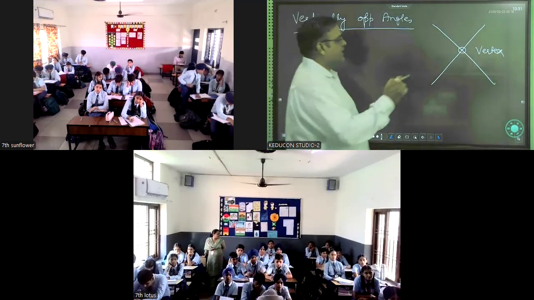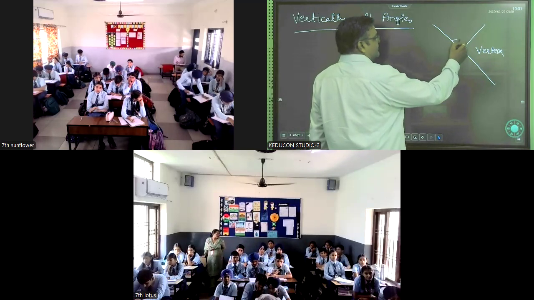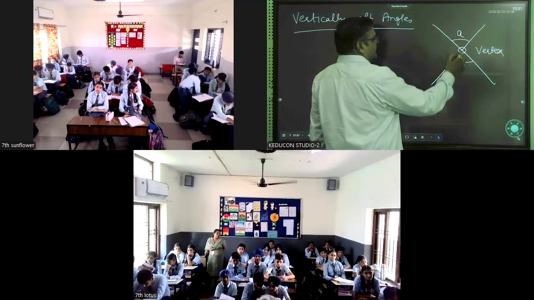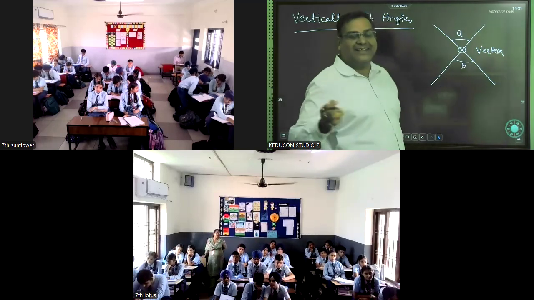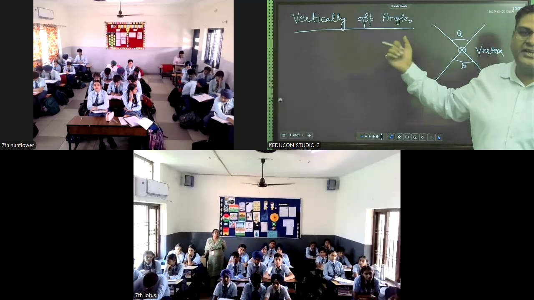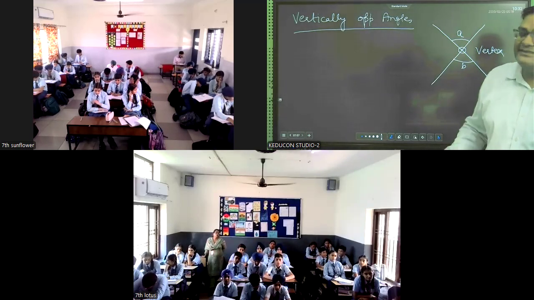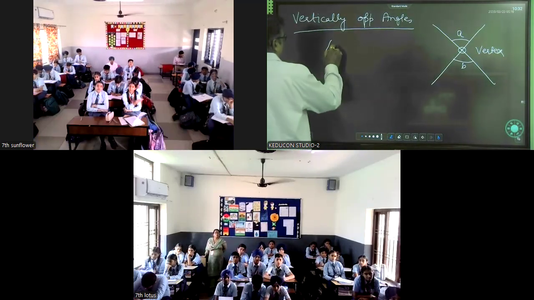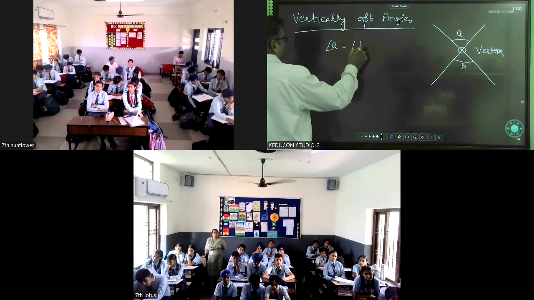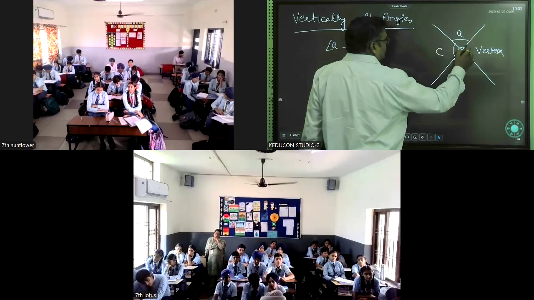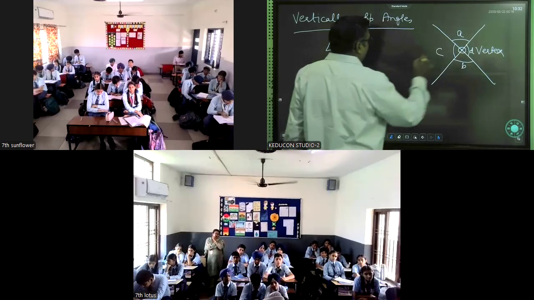Now, the angles opposite of this vertex, let's say this angle is A and this is B. The angles on the opposite sides of the vertex are known as vertically opposite angles, and they are equal. Here, angle A will be equal to angle B. Similarly, this is also a vertically opposite pair, this one and this one. So they will also be equal.